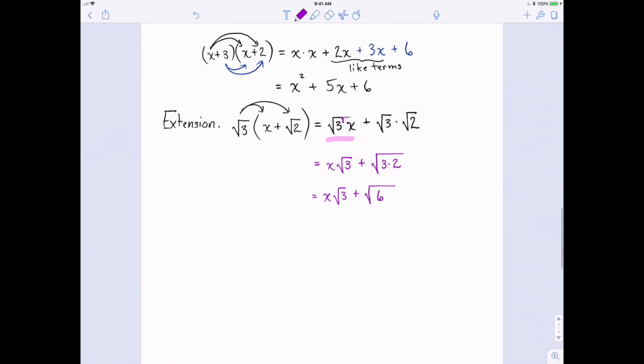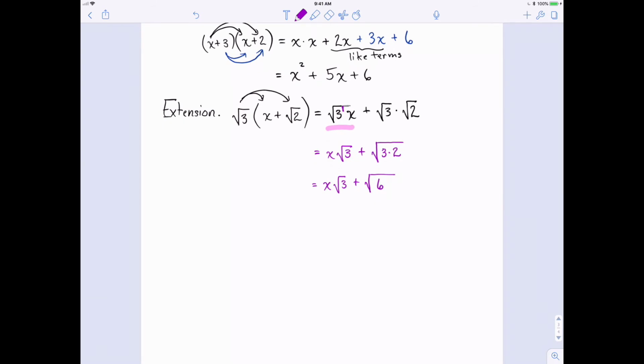Now, let's try this again. We have another example here. Continue in this nice purple color. Let's try multiplying binomials like x plus the square root of 3 times x plus the square root of 2. So the problem begins as we would expect.